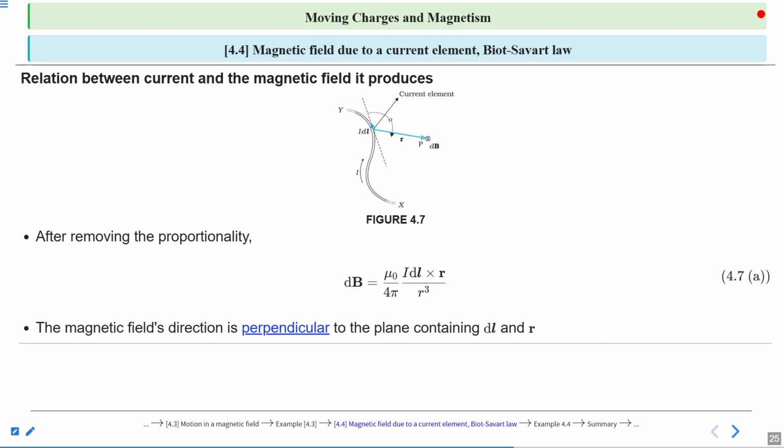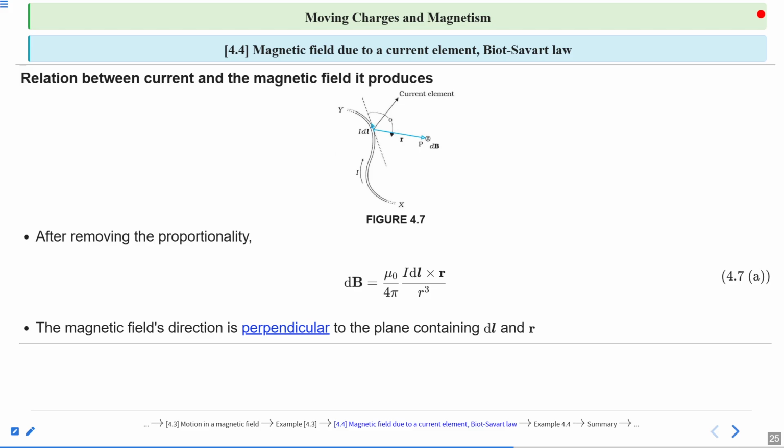So dB at point P is directed perpendicular to the plane and inwards, and a cross is marked. That means the magnetic field is in the inside direction, perpendicular to the plane. You can find the direction using the right hand rule for vector products.